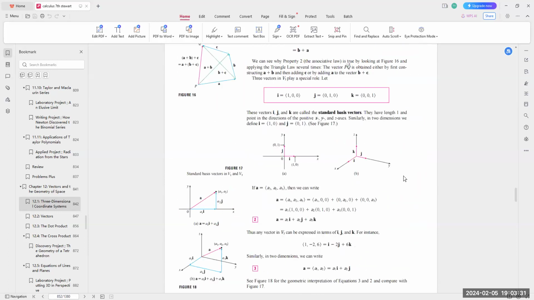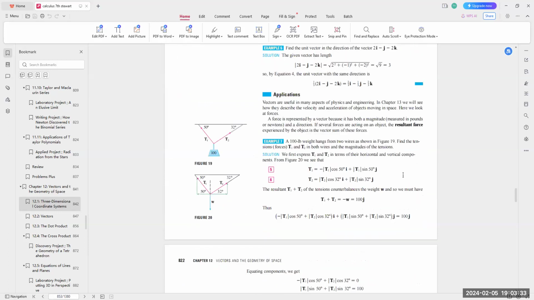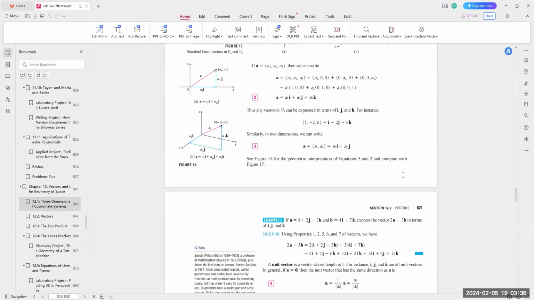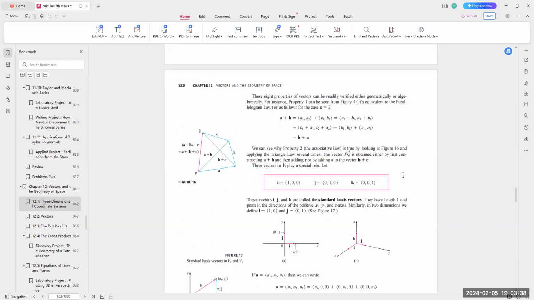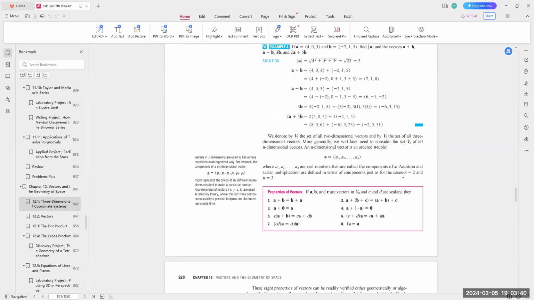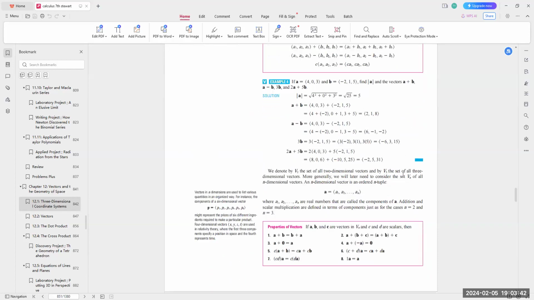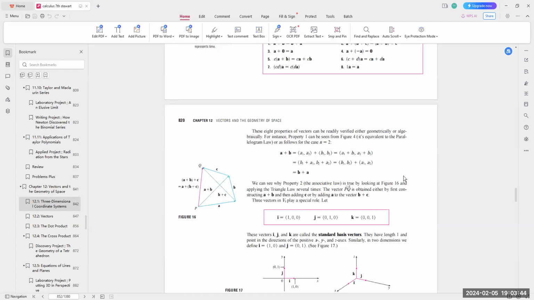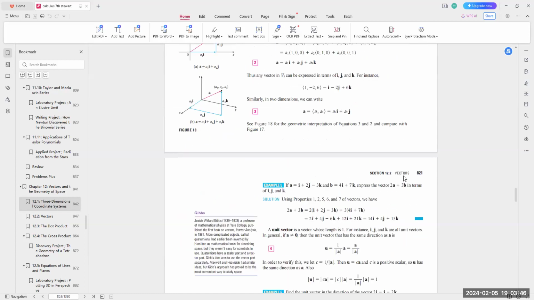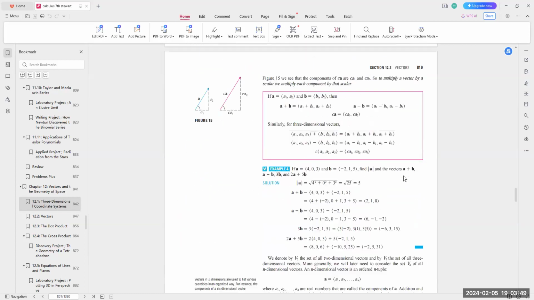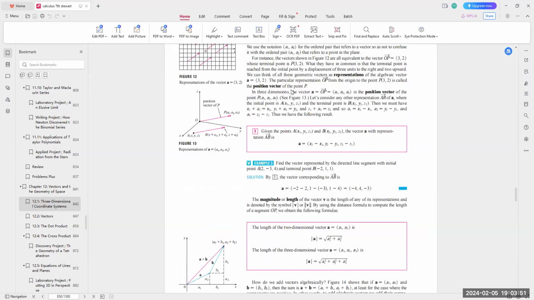I believe they are actually quite easy to read. Just read up to example 4. I think up to example 4 is good enough. Okay? That's for today then. I will stop the recording.